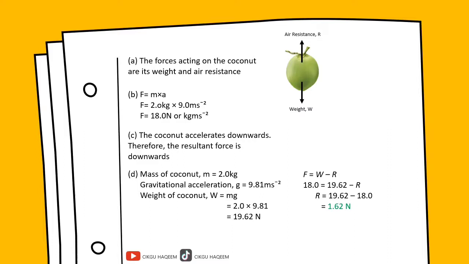So we get R as 1.62 Newton. This is the magnitude of air resistance exerted on the coconut, which reduces the acceleration of the coconut facing downward, giving a resultant force of only 18 Newton.